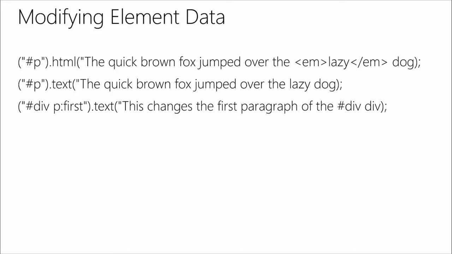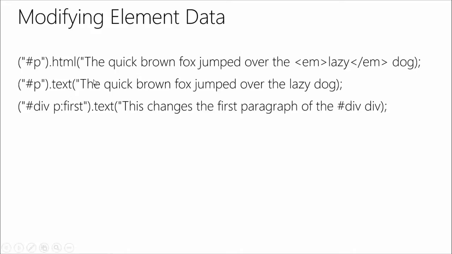So that's 2 ways I can modify element data. So it's the actual content of the element itself. So these are usually paragraphs, divs, and things like that. So this is a great thing we can do, HTML or text. HTML kind of roughly equates to the inner HTML, and text kind of roughly equates to the inner text methods that you might just call out of JavaScript itself.